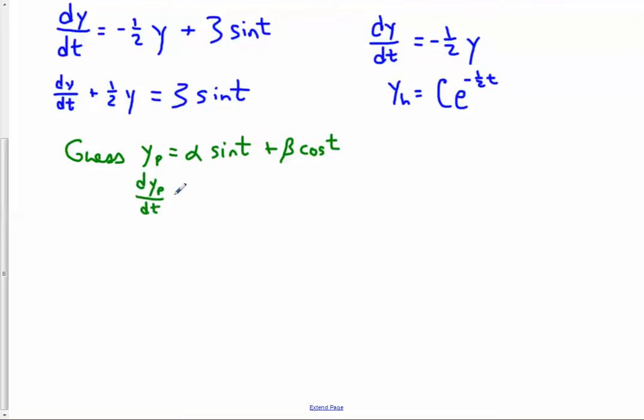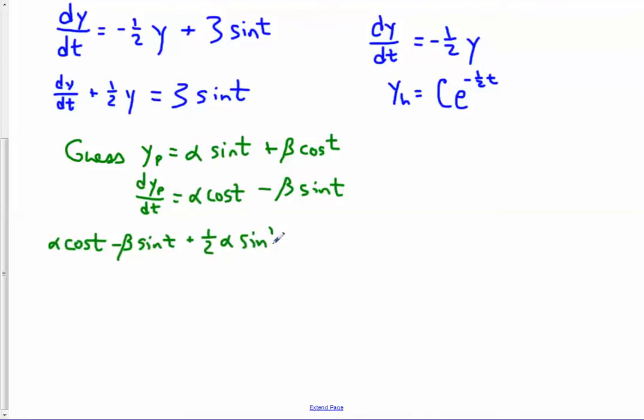If I do that, here's my derivative. And then I'm going to plug it in and see what the alpha and beta have to be. So dy/dt plus 1/2 y equals 3 sine t.